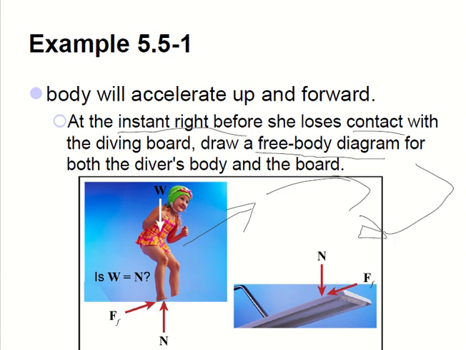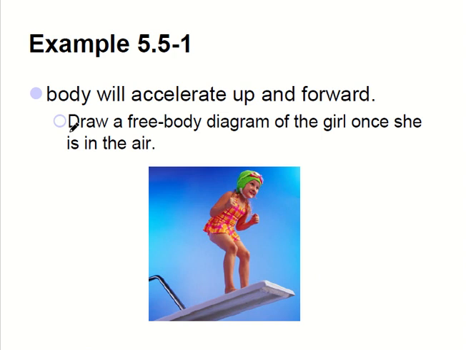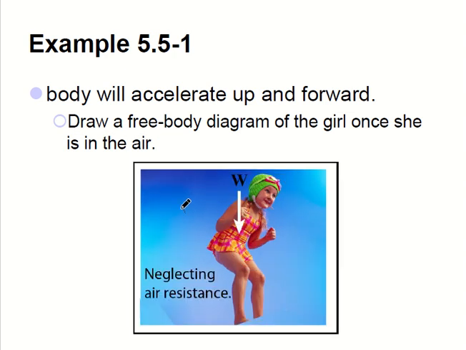She is a diver. Then we're going to draw the free body diagram of this object when she is in the air. Now we're going to neglect the air resistance. Air resistance is a huge thing, so every time we study in the book, we usually neglect it. When you study in the real world, you're going to put that back in, and this depends on the region.